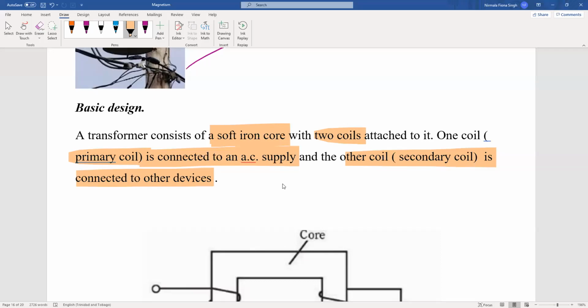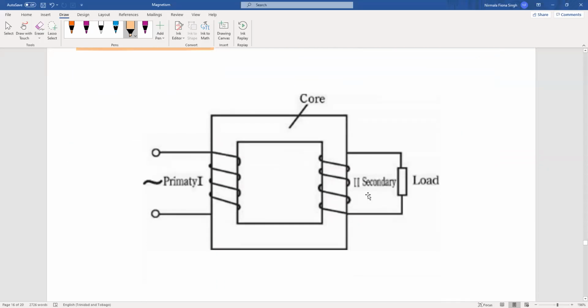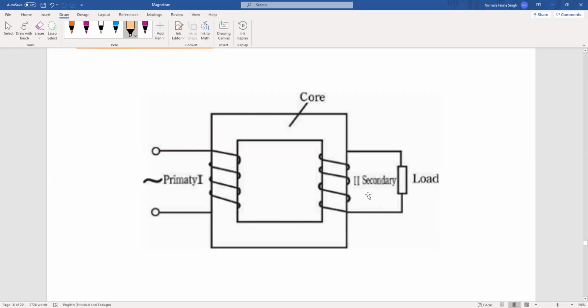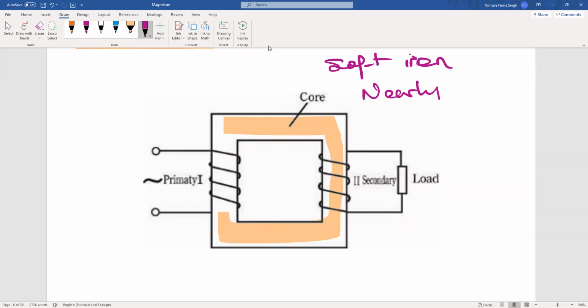So first things, let's look at a very, very simple version of a transformer, but this actually works. So we have in the middle here a soft iron core. What is soft iron? Soft iron is basically nearly pure iron. Now, the thing about iron and steel, steel has the ability to retain a magnetic field.